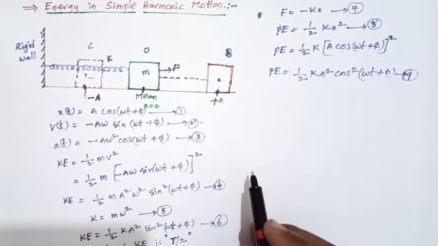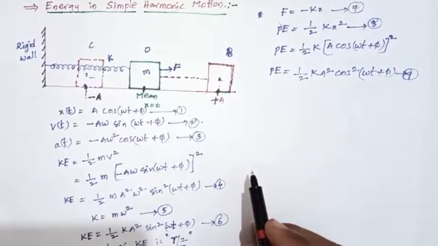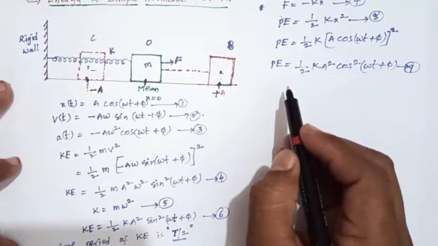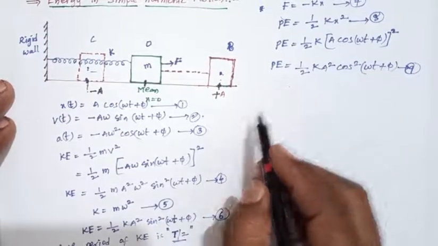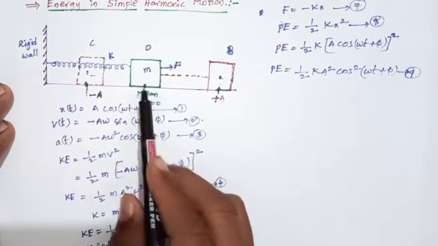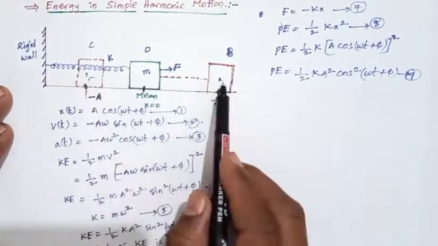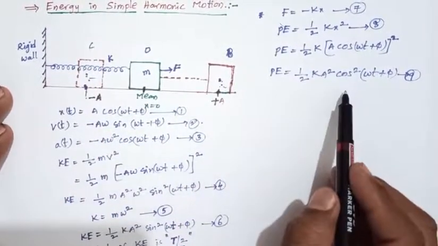So at mean position it is 0, and at extreme positions it is maximum.